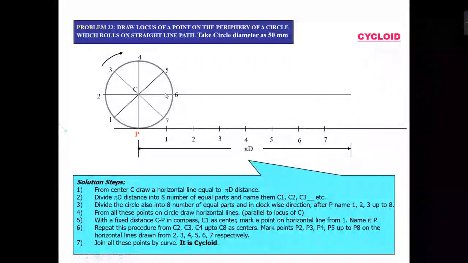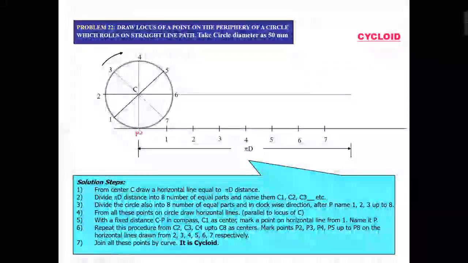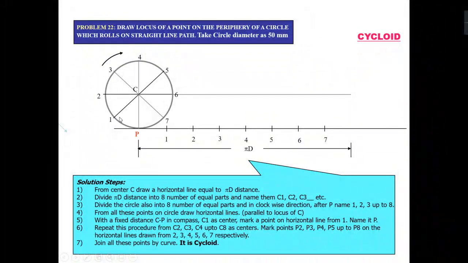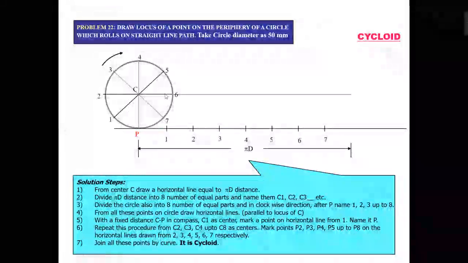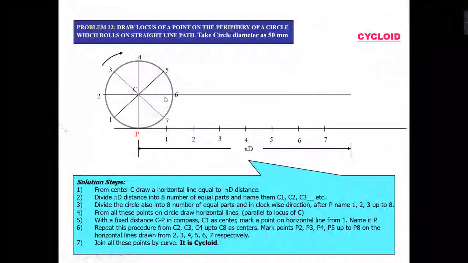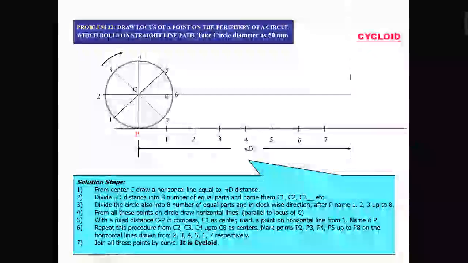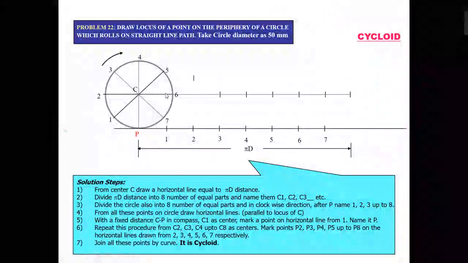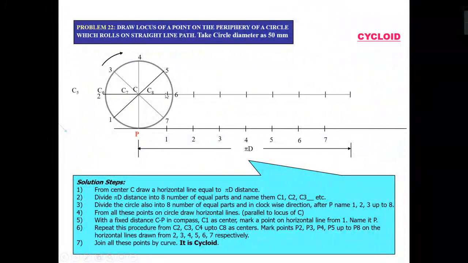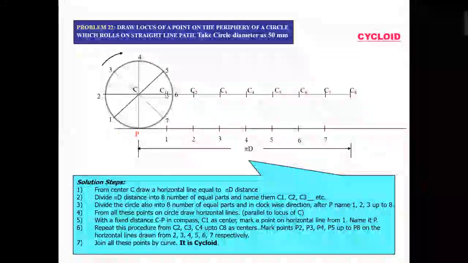So the center point will be nothing but here, and this point P will move to this position, right? So what I will do is mark the center point first here. When the circle has moved 1/8, I am marking a center. I am marking these center points as the circle moves as C1, C2, C3, C4, C5, C6, C7 and C8.